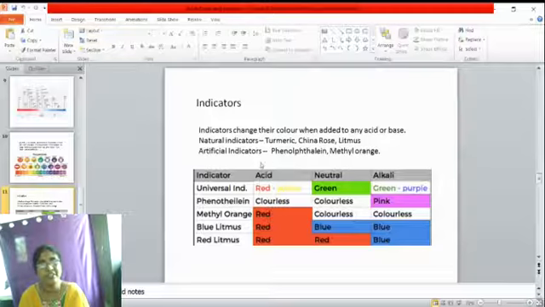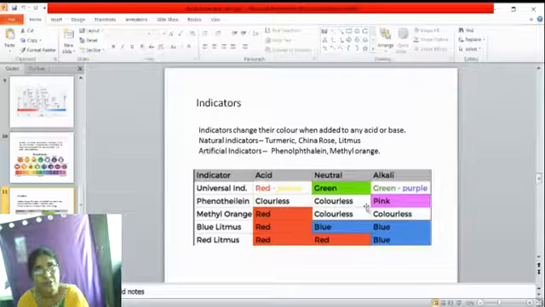If you remember, you have been using iodine solution, and when you add it to food material like your potato or dal, it changes into bluish black. As such, these indicators change the color when added to any acid or a base.